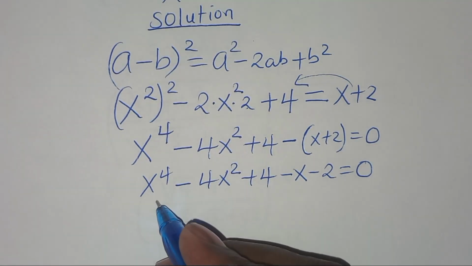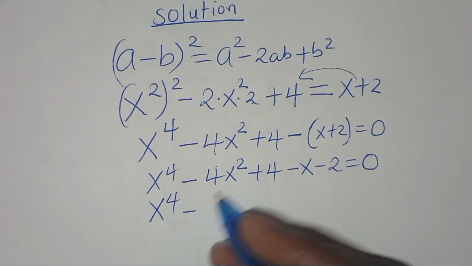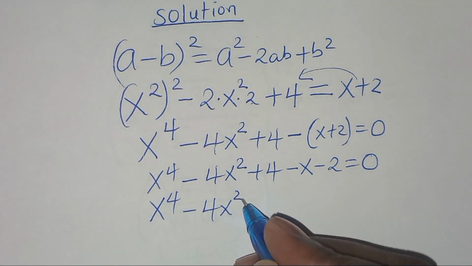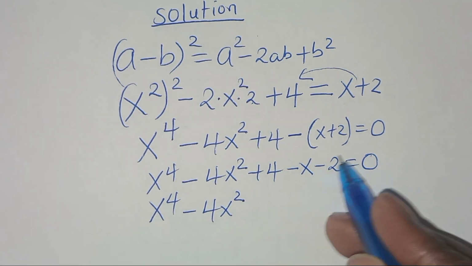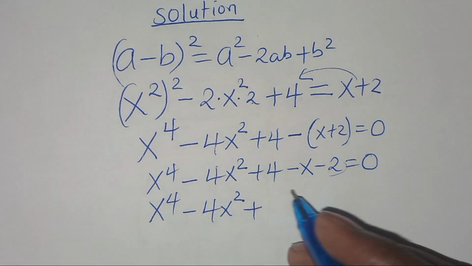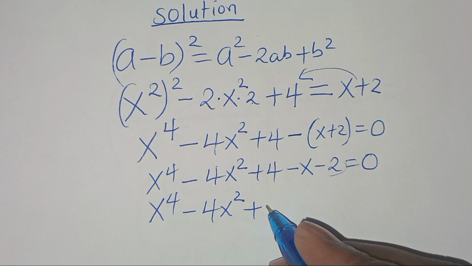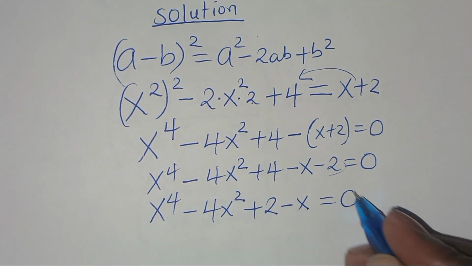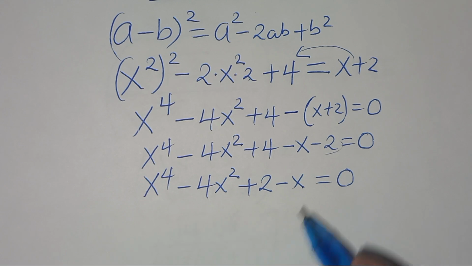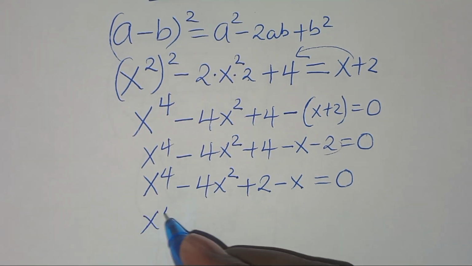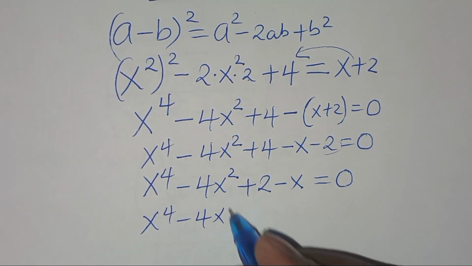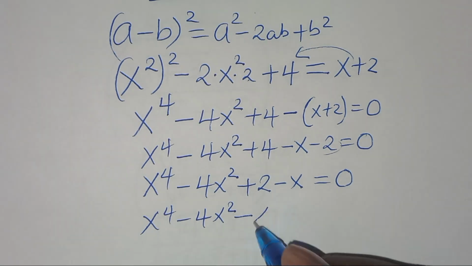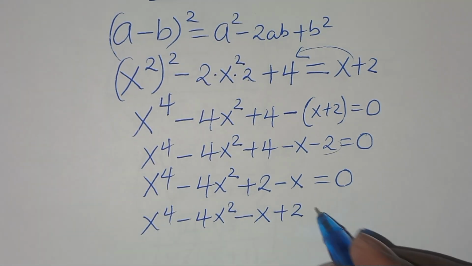The next step: we have x^4 subtract 4x^2. Now we have 4 minus 2, and minus x, so we can write this as x^4 - 4x^2 - x + 2 = 0.